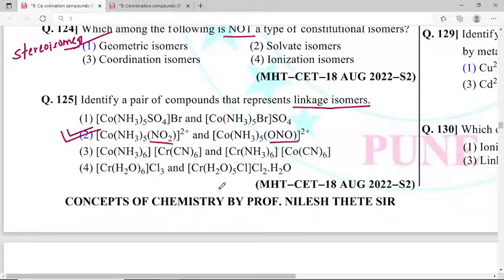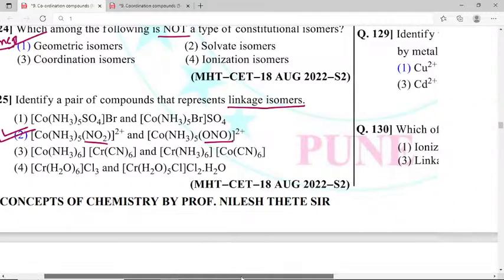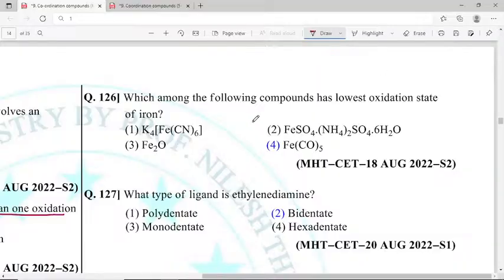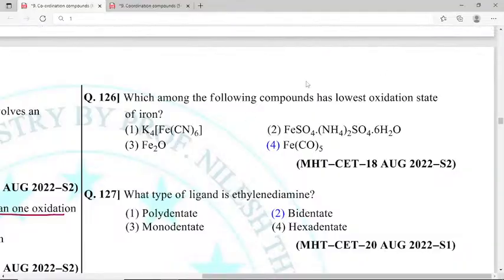Nitro-nitrito type of ligand shows linkage isomerism. Which among the following complexes has the lowest oxidation state? Lowest oxidation state. Option number 4 is 0.